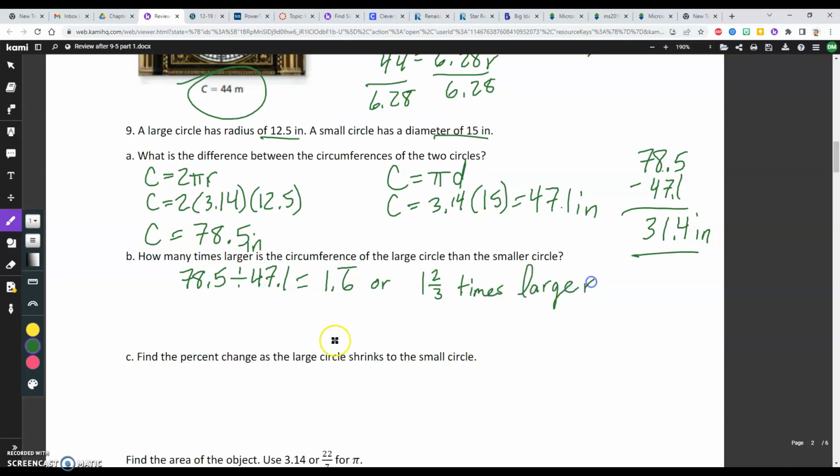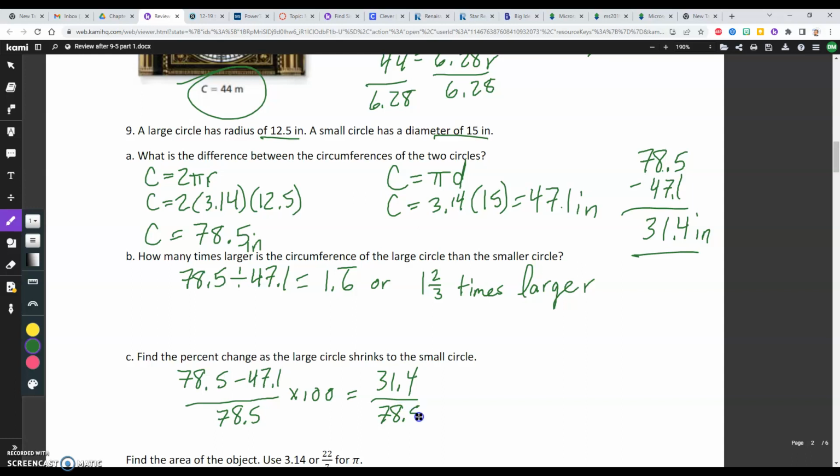And then find the percent change as this large circle shrinks to the small circle. So we go 78.5 minus 47.1, so we have a positive difference. Then we divide it by the original, which is 78.5. And then we're going to multiply this by 100 at the end to change it to a percent. So 78.5 minus 47.1, we already know was 31.4.